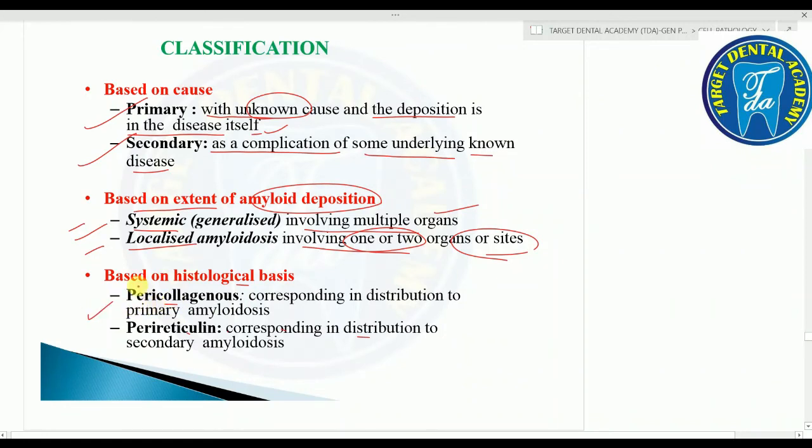Third is on the histological basis. It can be pericollagenous or perireticulin. The pericollagenous corresponds in distribution to the primary amyloidosis, while the perireticulin corresponds in distribution to the secondary amyloidosis.